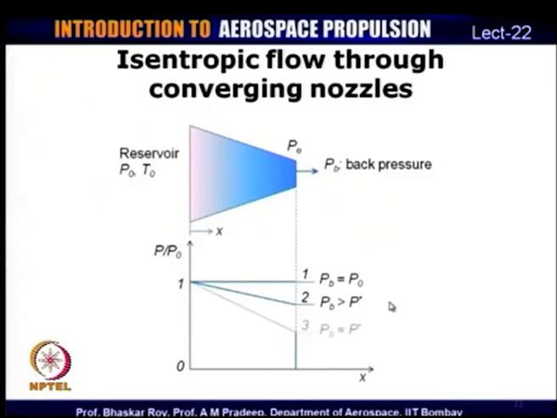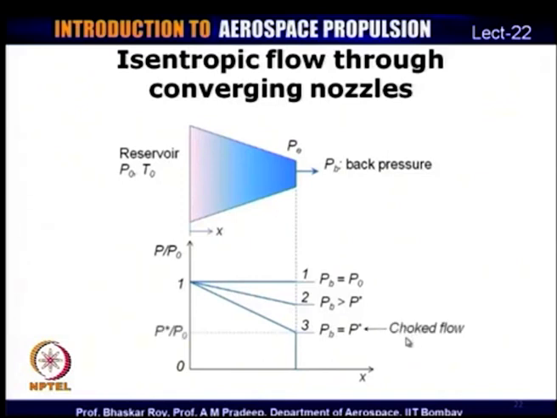Now, if you reduce it further to state 3, where back pressure is equal to the critical pressure, the pressure ratio continues to reduce and reaches state 3, let us say. And if we were to decrease back pressure below this critical value, what basically happens is that there is no change happening.